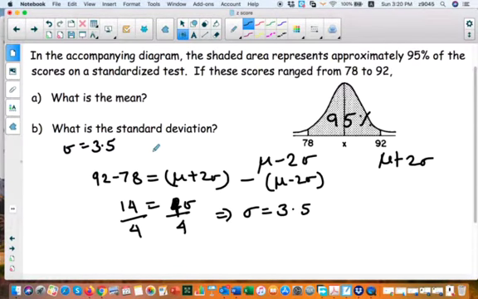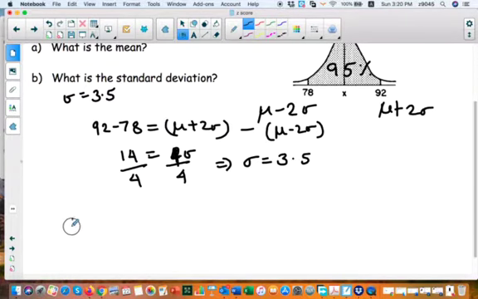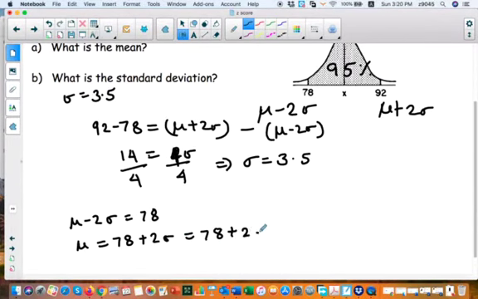Now our aim is to find the value of the mean. To find the mean, we know mu minus 2 sigma equals 78. So mu equals 78 plus 2 sigma, which equals 78 plus 2 times 3.5.